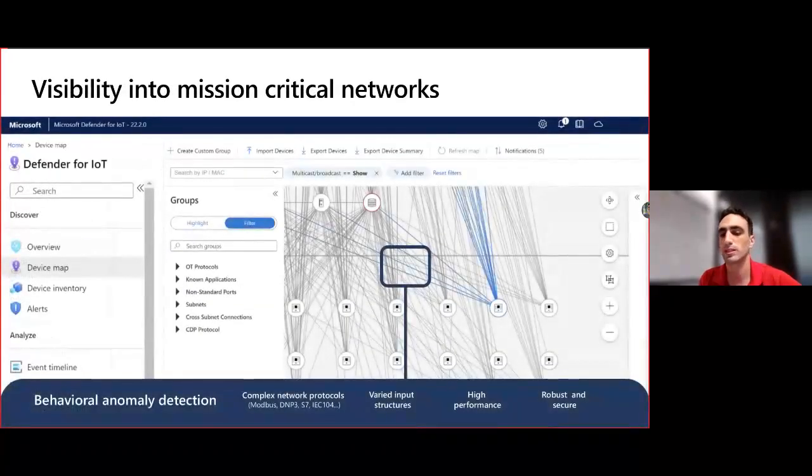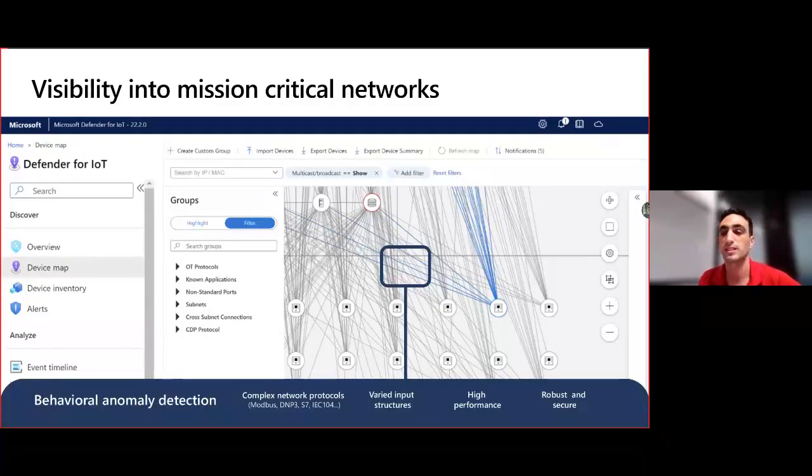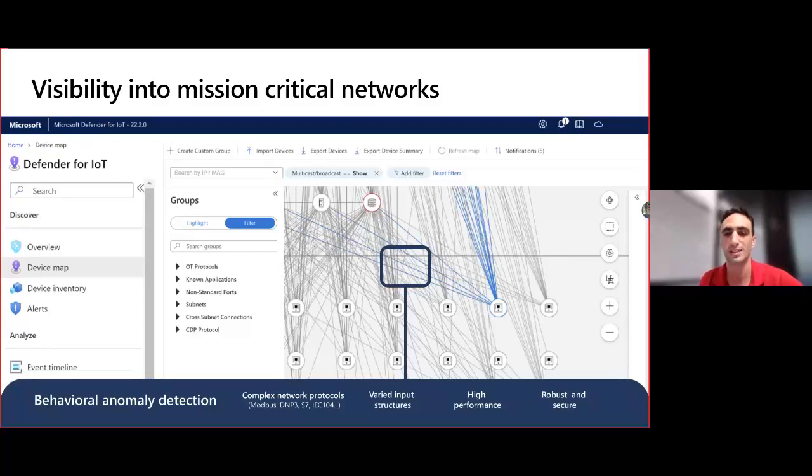Now, to be able to do this, we have to have very good visibility into these networks. We need to be able to see the devices. We need to be able to see the connections between the devices. Meir was discussing the supposed segregation of the networks. This is where, when you deploy, you see that that's usually not actually the case. Our customers are always surprised at how many cross-subnet communications and cross-site communications they have.